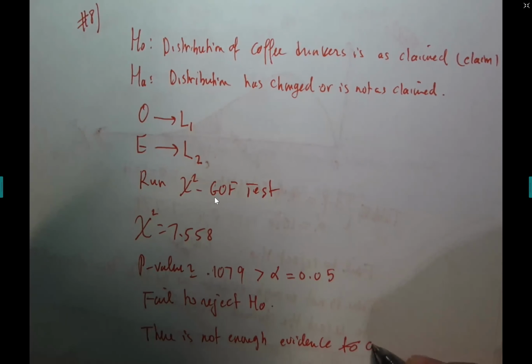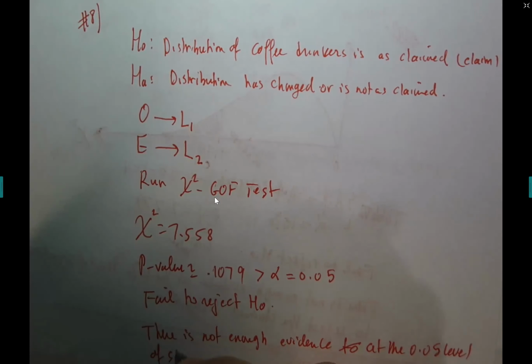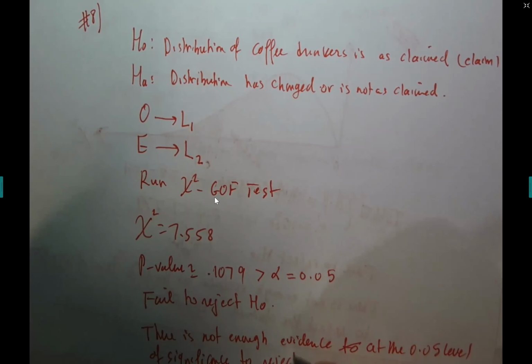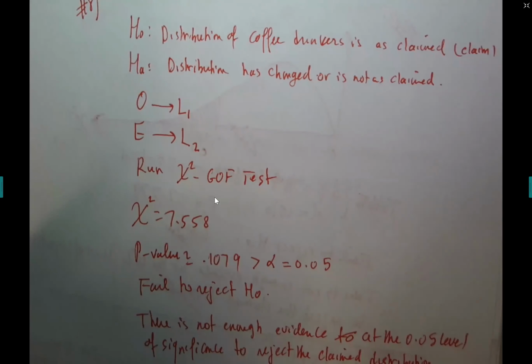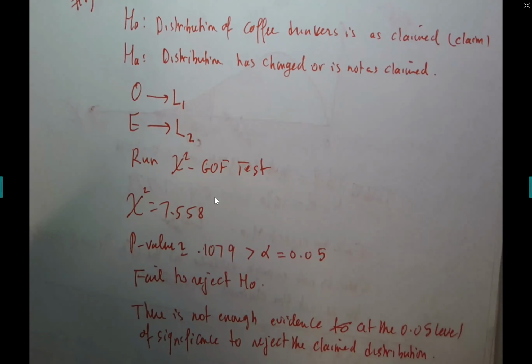There's not enough evidence at the 0.05 level of significance to reject the claim distribution. We cannot reject it. When you cannot reject something, that means this something could still be accurate, still be good. Okay.